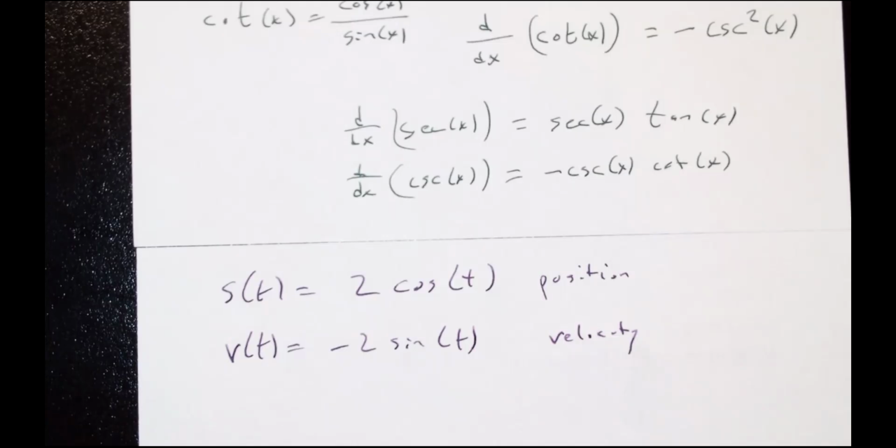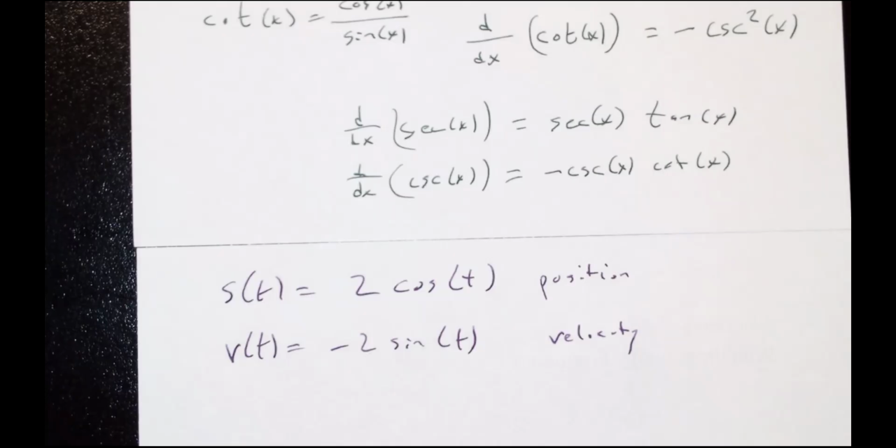At a given time, say at time 0, time 0, we're all the way to the right, because S of t will be 2. A cosine of 0 is 1, so S of 0 is 2.